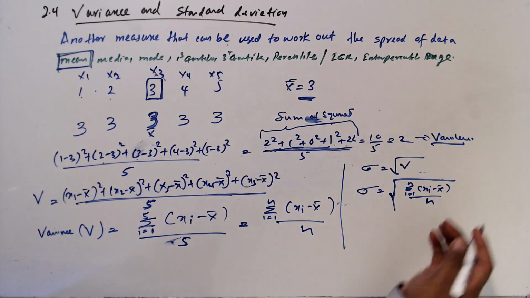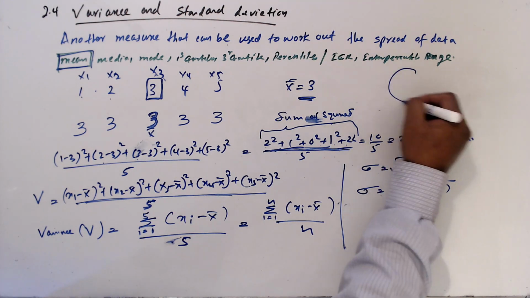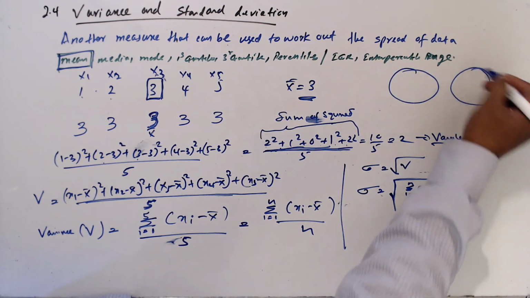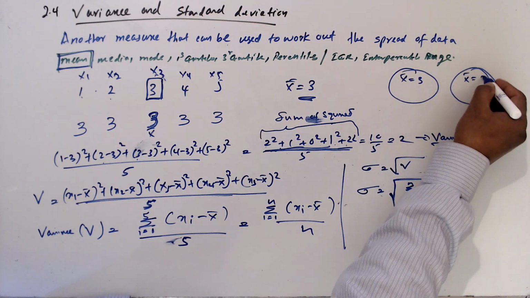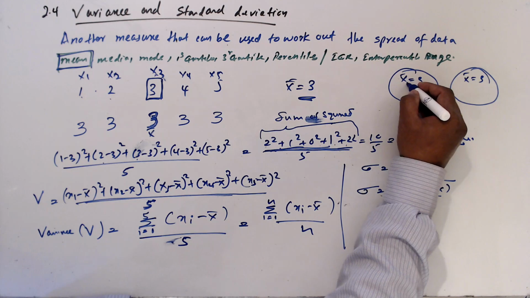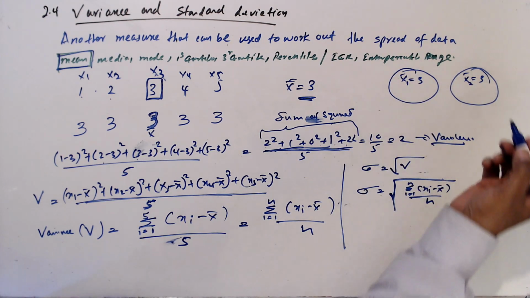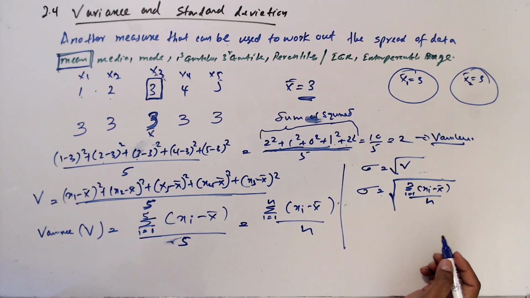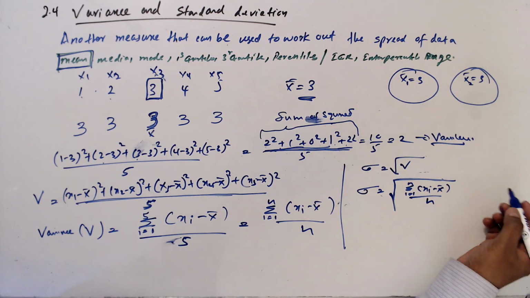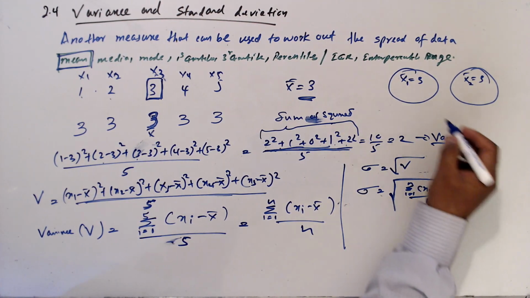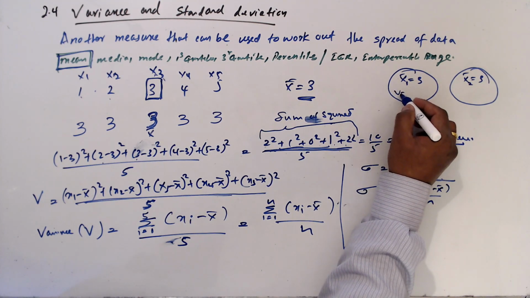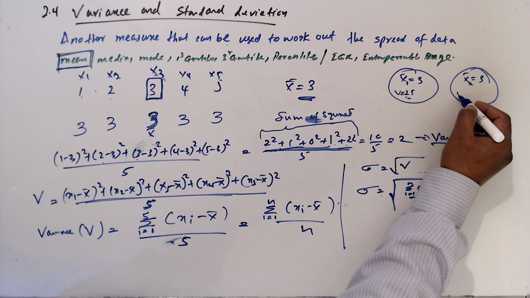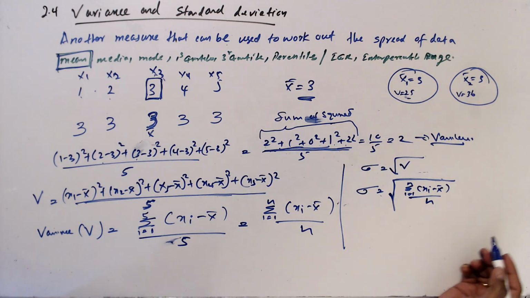Now my question is, I have two samples, x bar is 3 and x bar is 3, right? Okay, I'll put x1 bar and x2 bar, two samples, and I will say that for this one v is 25, and this variance is 36. So which sample is better now?